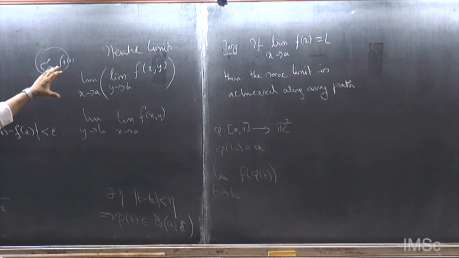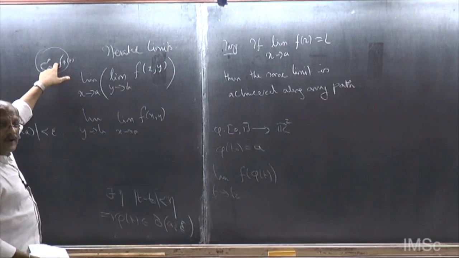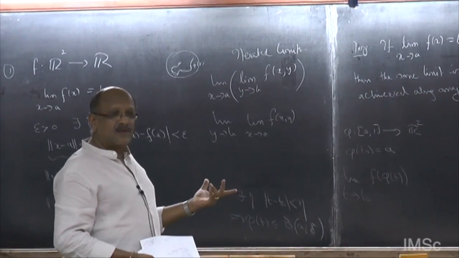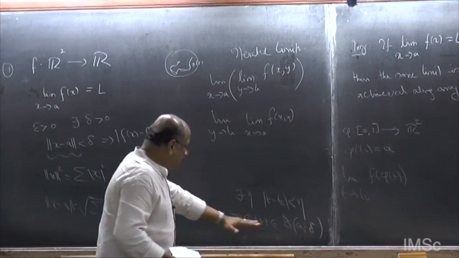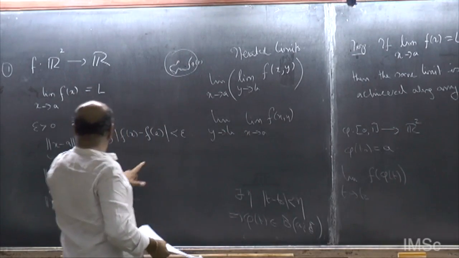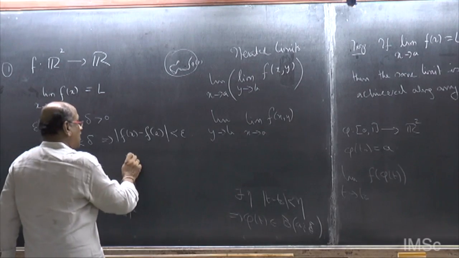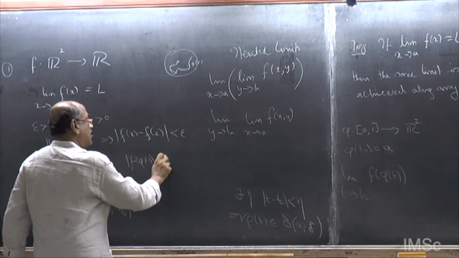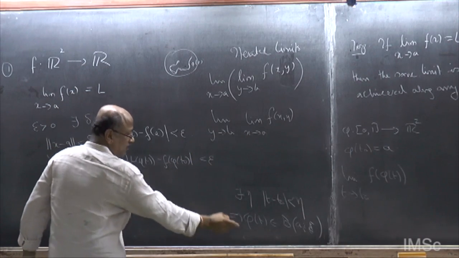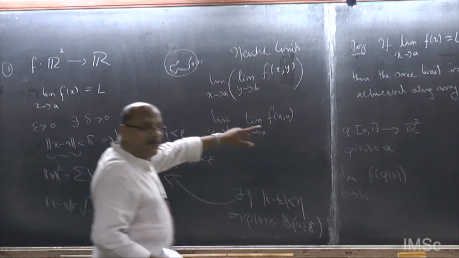Phi t is a continuous function, and therefore its distance from phi of t naught should be small whenever t minus t naught is small. So, after some time phi of t will sit inside this ball, but then you already know that f of x minus f of a is less than epsilon. So, f of phi of t minus f of phi of t naught will be less than epsilon whenever t minus t naught is less than eta. So, we achieve the same limit along any path.